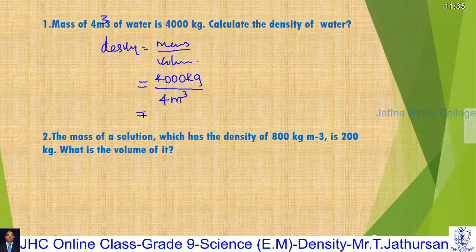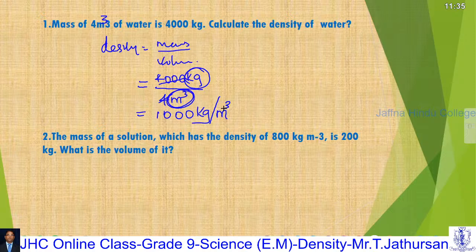So divided, 1000 kilogram. What is the unit of density? Mass has the unit kilogram, volume has the unit meter cube. So kilogram per meter cube. Right.